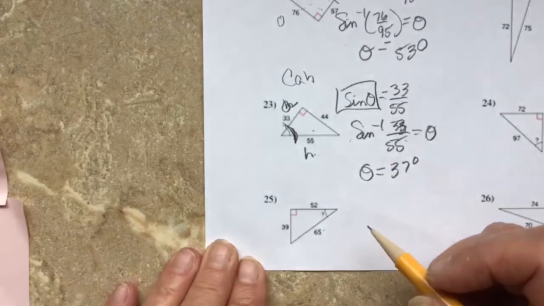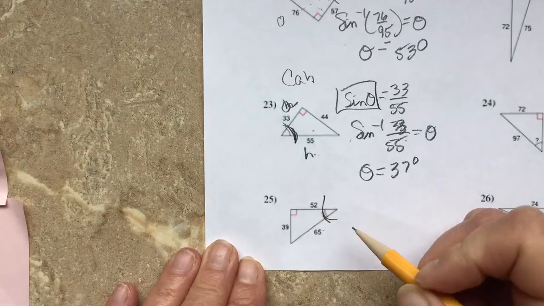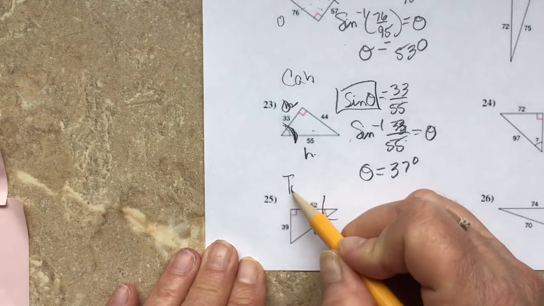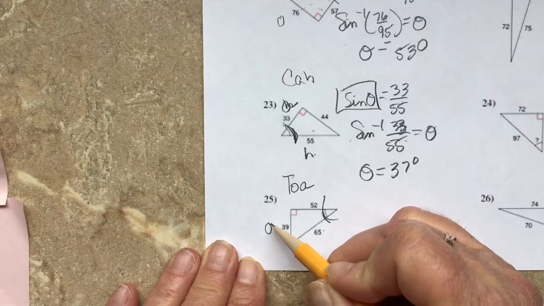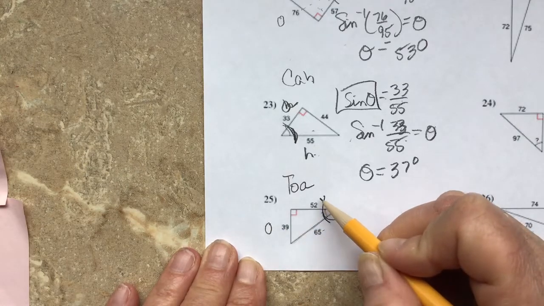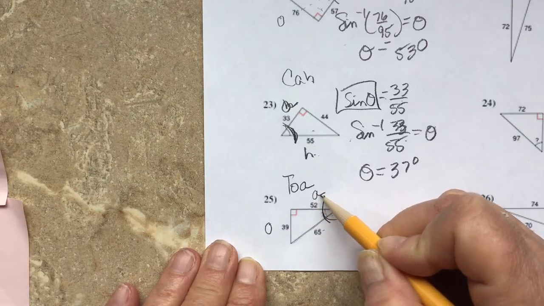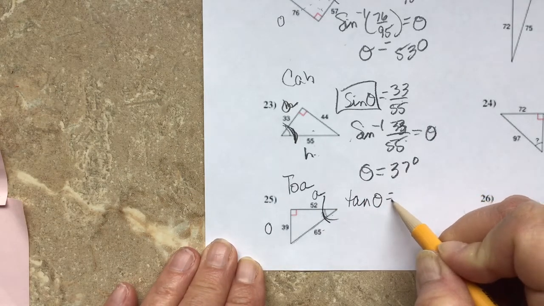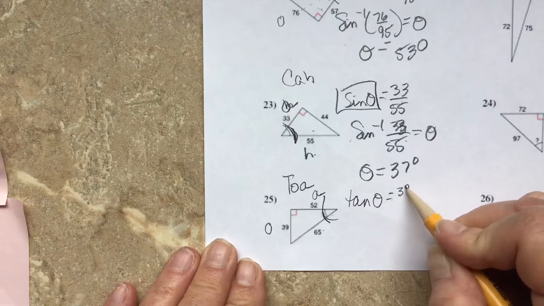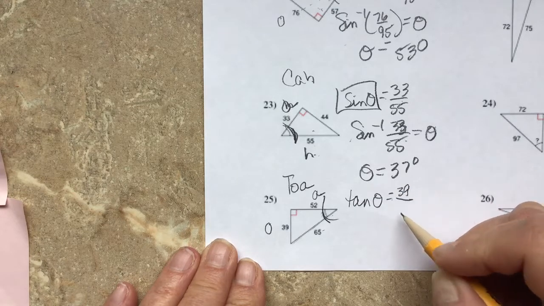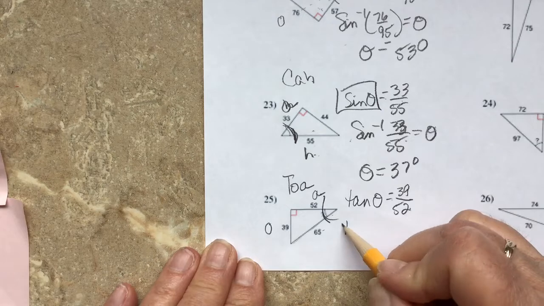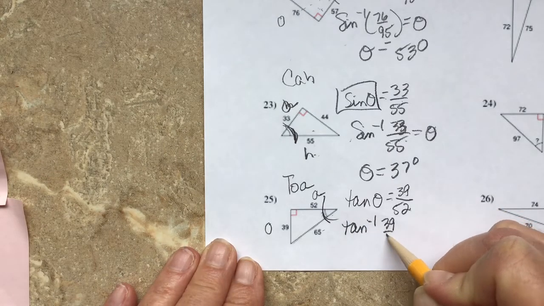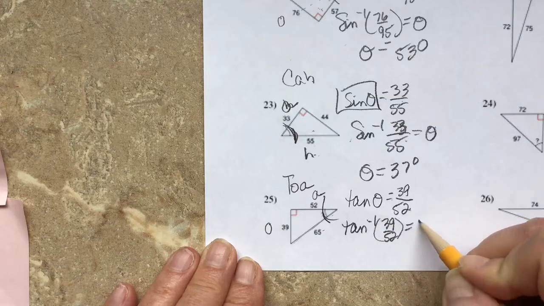All right, so now we're up to tangent. There's your reference angle, so scoop your angle. I want to use tangent, so I need to use opposite over adjacent. There's your hypotenuse, so here's your adjacent. So tangent of theta equals opposite over adjacent. Unlock the box, so inverse tangent, 39 over 52 will equal theta.